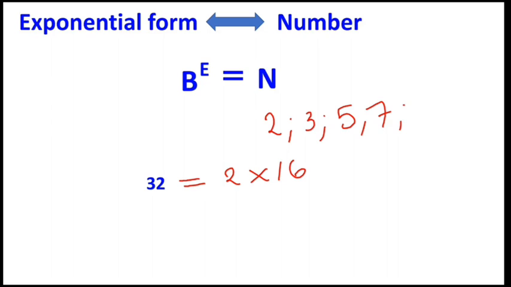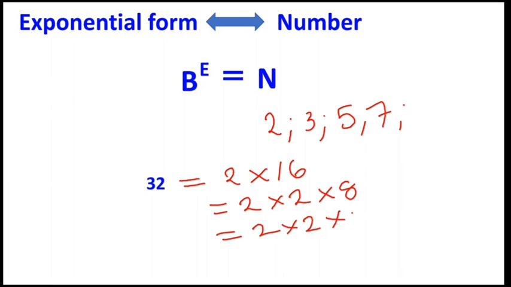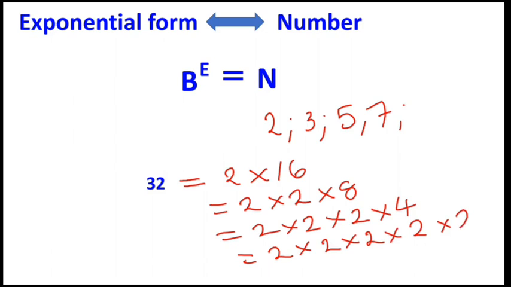So this will be 2 times 2 times 8. I can divide the 8 by 2 again. I'll get 2 times 2 times 2 times 4. And I can clearly see that the 4, there are two 2's multiplying each other out. So now I've got 1, 2, 3, 4, 5 2's. This is the same as 2 to the power 5.